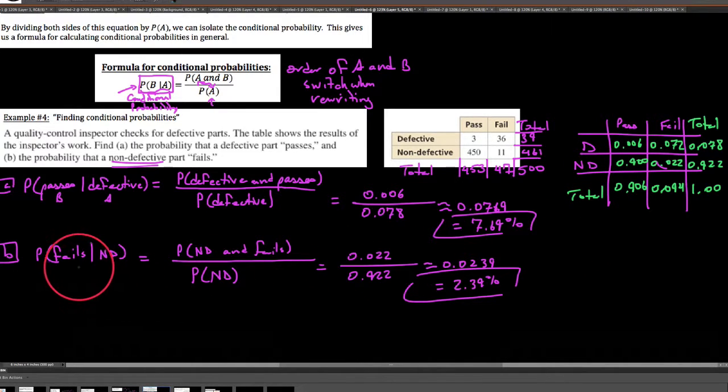So for instance here, the probability that it fails, given that it's not defective, okay? We found this algebraically. If we were to say, really interpreting this, find the probability that a not defective part fails, we're saying just of all the not defective ones right here, okay, what's the likelihood that it fails? So we're taking this divided by this here. So that's what we use when it comes to finding conditional probabilities. We use that formula. Cheers.